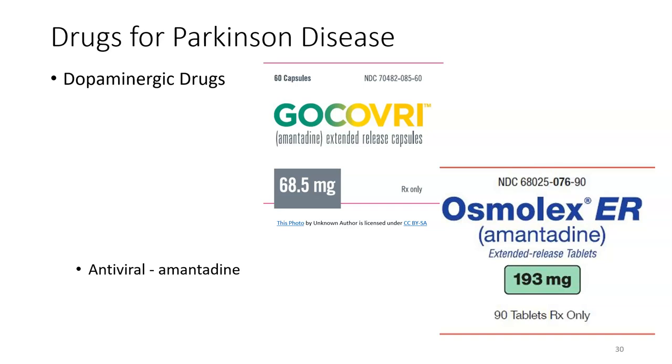We just don't know how or why scientifically. But the author for this book has included it in the dopaminergic drugs. It is available by brand names. Rimantadine is what it's used for when it's used to treat the flu. But for Parkinson's disease, Gocovri is one of the brand names, and Osmolex is another. So amantadine is actually an antiviral drug.